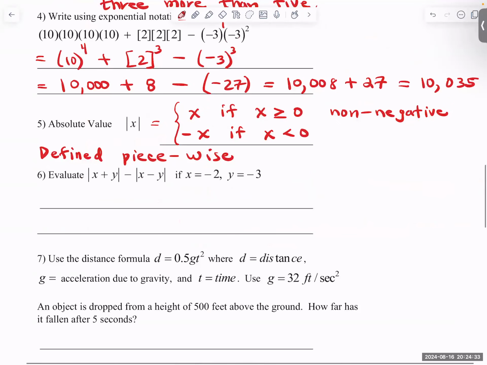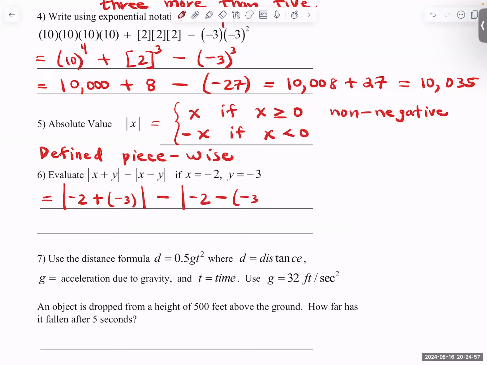Number 6, evaluate the absolute value expression if the values of the variables are -2 and -3. So we'll substitute the absolute value of -2 plus -3, the sum, minus the absolute value of -2, subtract, in parentheses, a -3, is the absolute value of -5 minus the absolute value of.